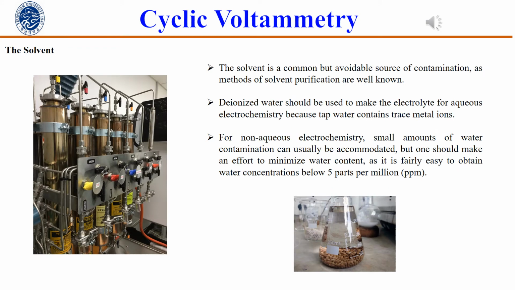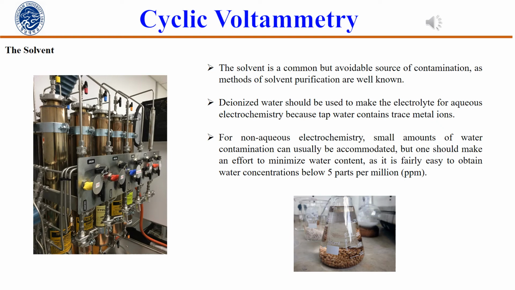Coming to the solvent that we consider in electrochemical study or cyclic voltammetry, the solvent is very important. The solvent is a common but avoidable source of contamination, as methods of solvent purification are well known.